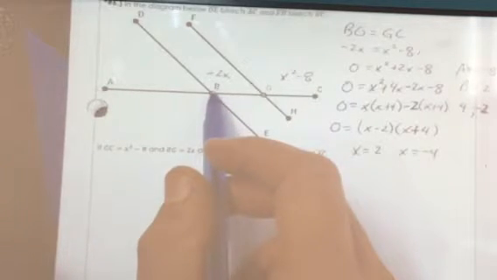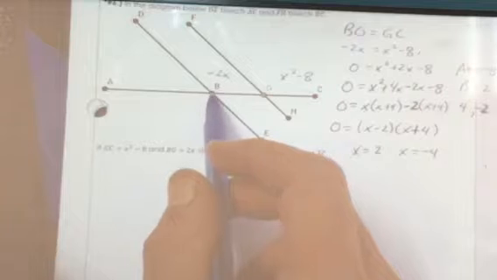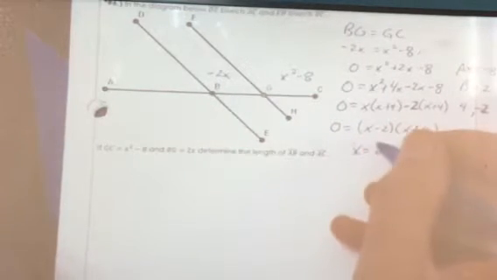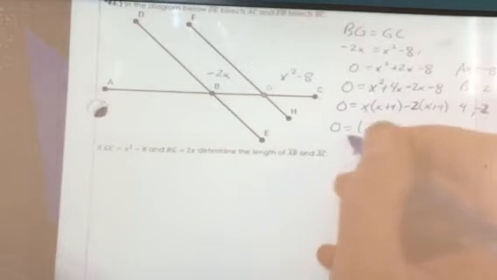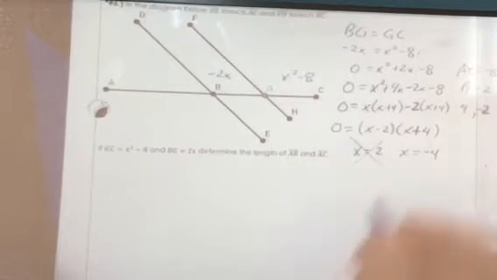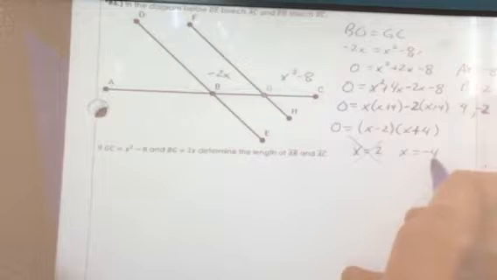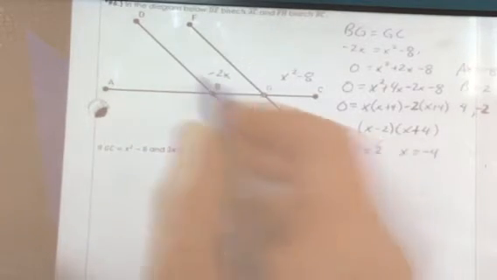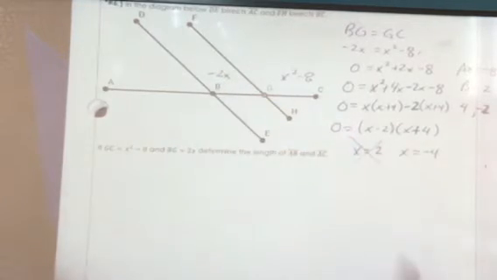Length cannot be negative. Length must be either positive, or if there's nothing there, 0. So that means in this weird question, x equal 2 is rejected. Then x equal negative 4 we can work with, because negative 2 times negative 4 will give us positive 8.